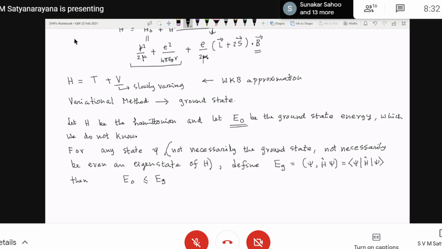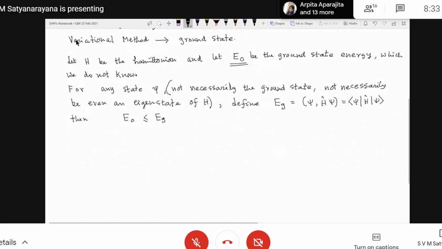But what I am saying is that if you can calculate this expectation value and call it Eg, this serves as an upper bound for the ground state energy. Or in other words, your ground state energy is smaller than or equal to this Eg. So this is basically your variational principle.